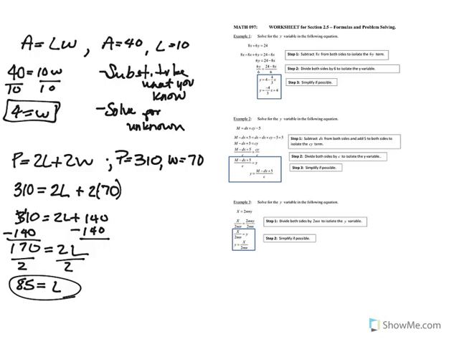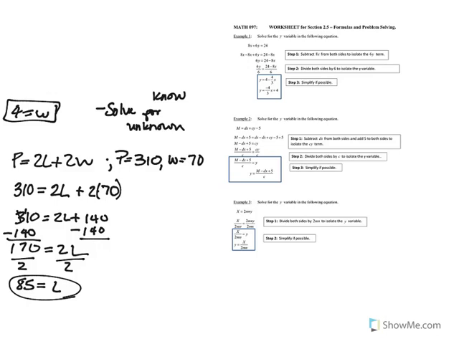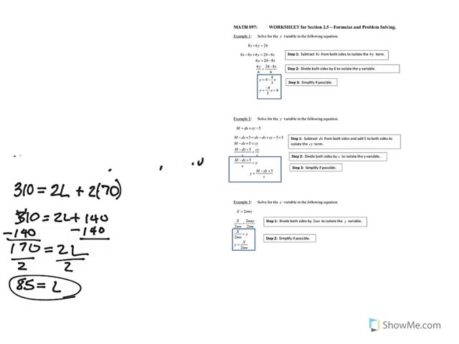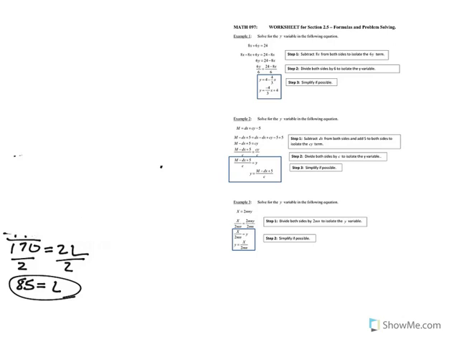Okay? All right. So then what we do is we evolve to being able to solve equations containing multiple variables without being given values for the variables, okay? And so it just becomes a matter of us being able to solve, which means to do what?